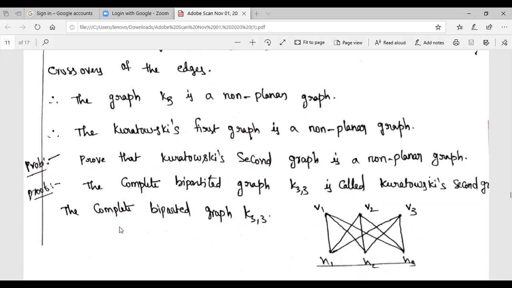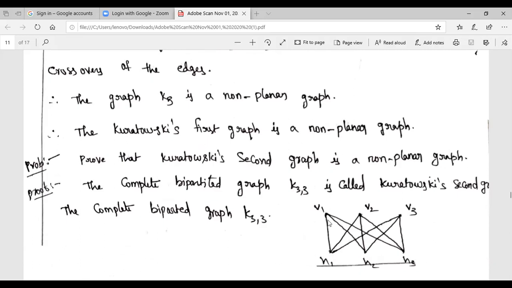And second one, prove that Kuratowski's second graph is a non-planar graph. So Kuratowski's second graph means the complete bipartite graph, denoted K3,3. The complete bipartite graph has vertices V1, V2, V3, H1, H2, H3.